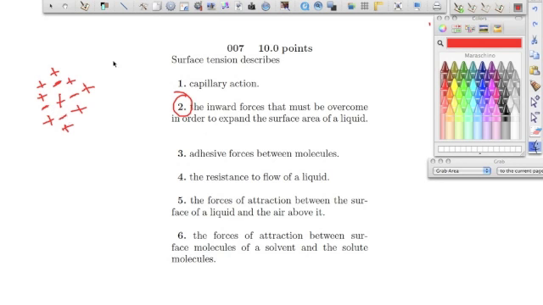But the molecules on the very top can only react with and be pulled in by the ones below, because there's nothing above them. So these molecules on the outside all get pulled in towards the middle, because the only thing they have to react with is the stuff in the middle.